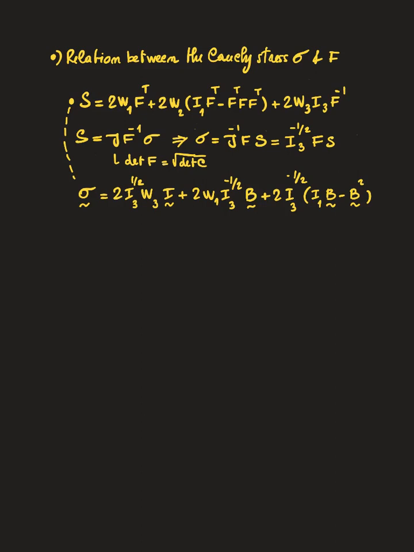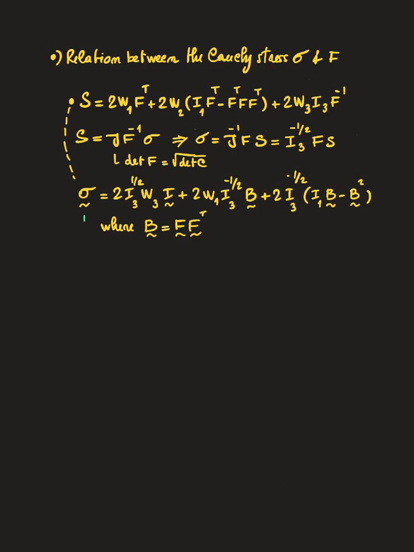So if you want, in these expressions here, the tensor B is nothing but the left Cauchy-Green tensor, F F transpose. Okay, I'm using a little wiggle just to avoid confusion between the identity and the invariants. So with all this in mind, this expression can be further written in a more compact way.